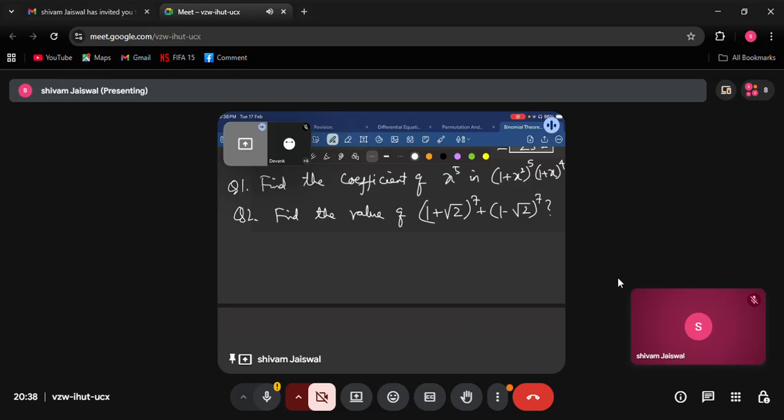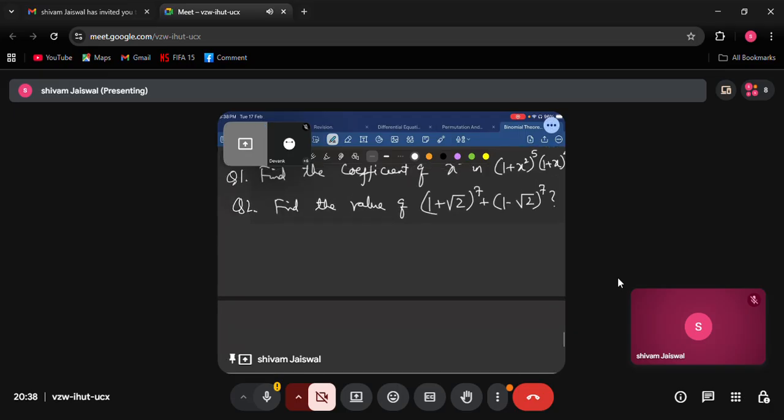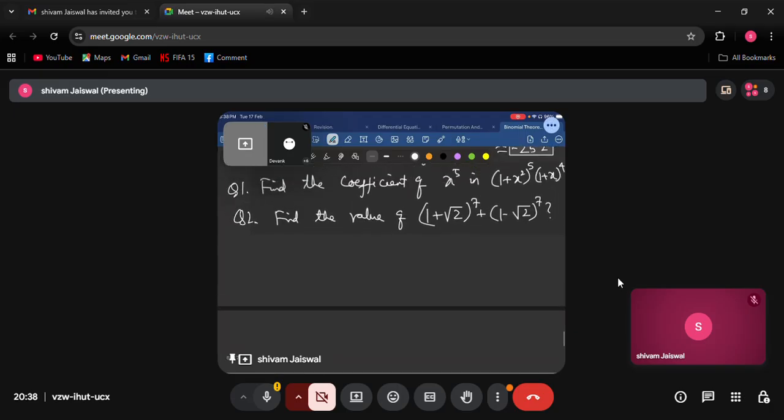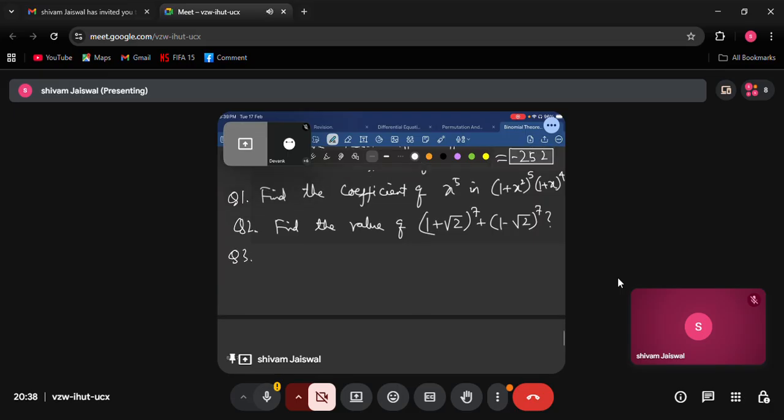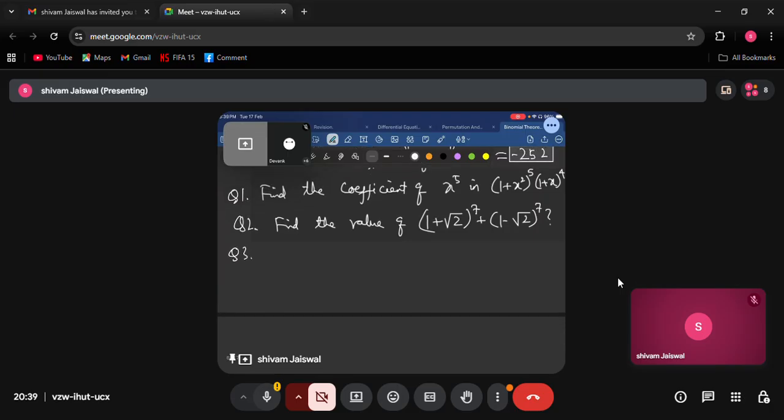After this, question number 3. Root 3 plus 3 whole to the power 5 minus root 3 minus 3 whole to the power 5 is equal to question mark.